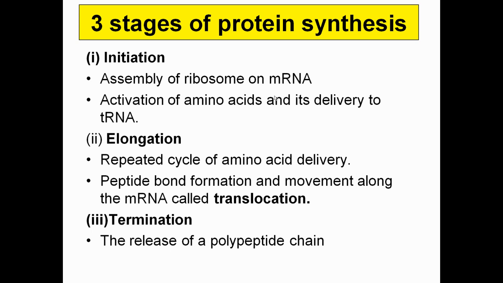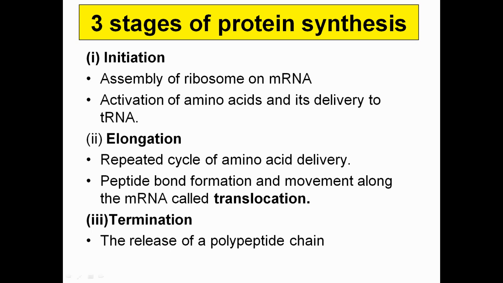When synthesis is going to start, these two subunits make 70S or 80S, depending on the type of cell, either prokaryotic or eukaryotic, and that assembly is established for mRNA attachment. And activation of the amino acid is very important. After activation, the activated amino acid is attached to the specified tRNA molecule.